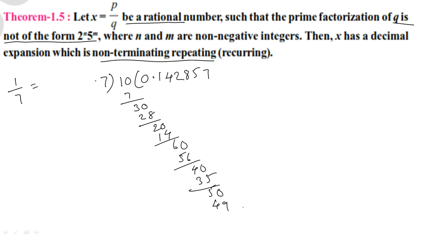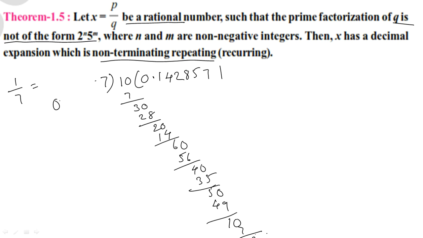Okay. You can see here 1, 0 and so on. So it is a non-terminating and repeating decimal. You can see here again it starts with 1. 7 ones are 7, 3 and it is repeating.